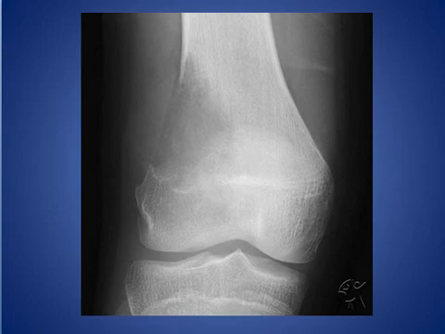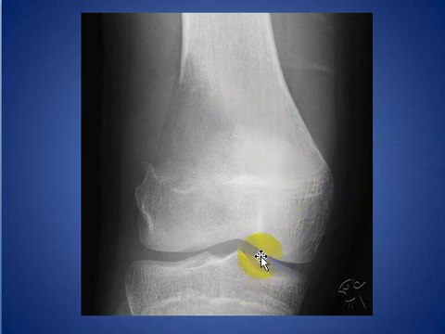Here, this is a child, a plain X-ray of the knee joint in AP position.